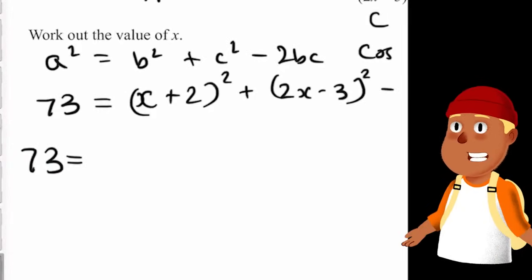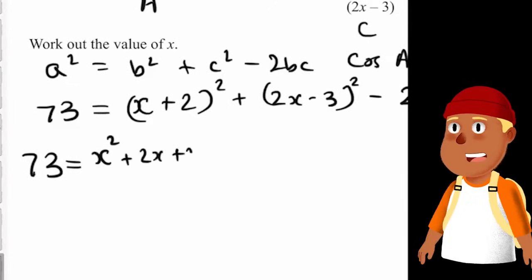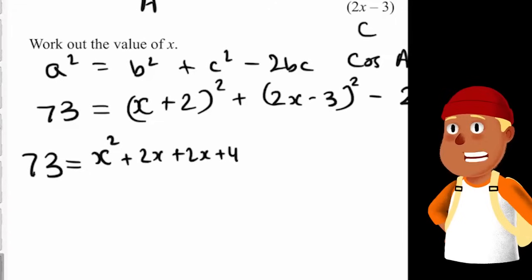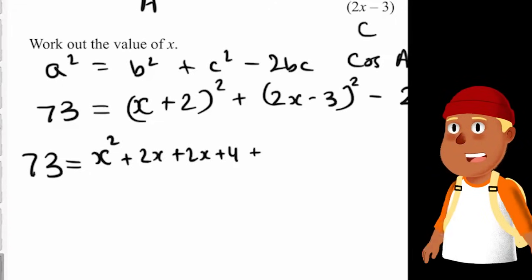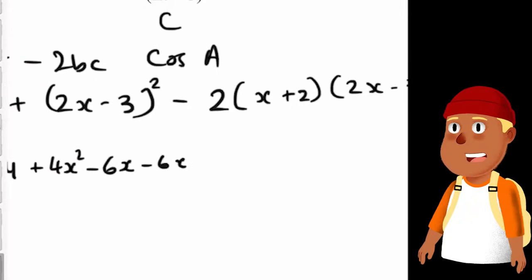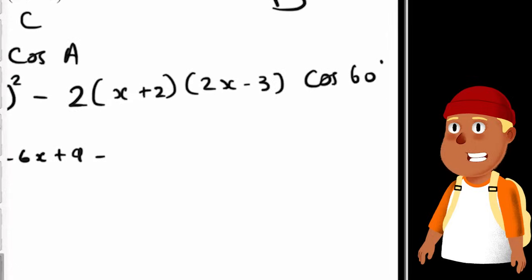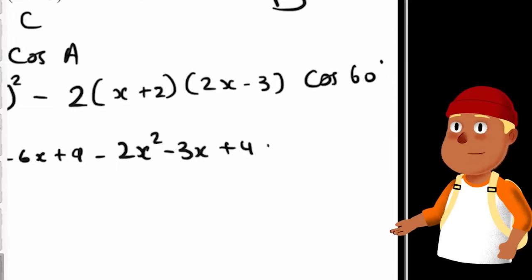And then again, if we expand these two brackets, we'll be given x squared plus 2x plus 2x plus 4 plus 4x squared minus 6x minus 6x and plus 9. And then if we expand this region here, that is 2x squared minus 3x plus 4x minus 6.